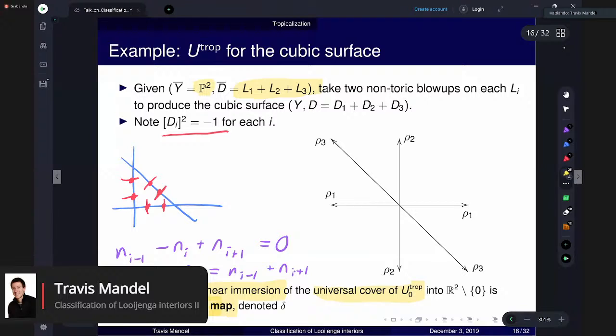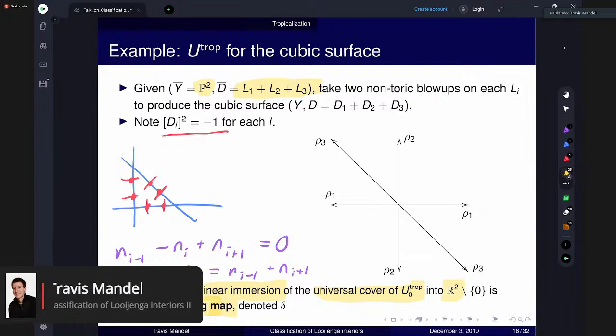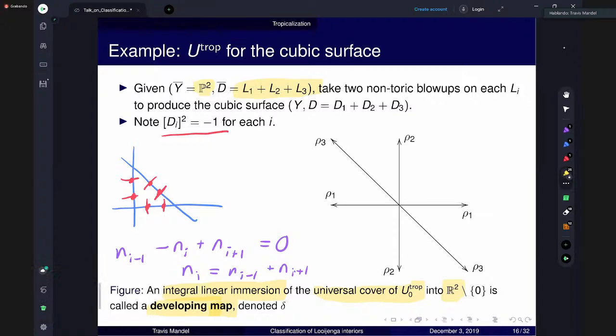So you take some point in U-trop and say where that point maps in R2, and then as you move around in U-trop from there, that corresponds to moving around in R2, and we're just specifying where things are mapping as you move around in this universal cover.